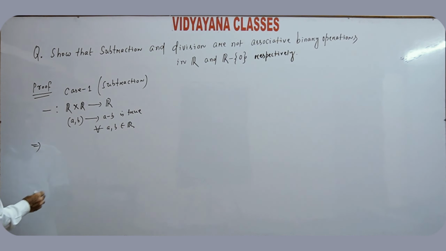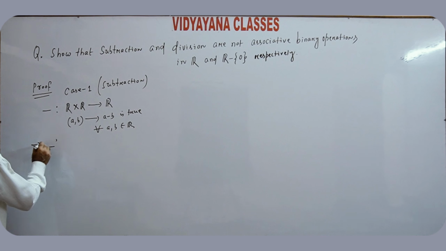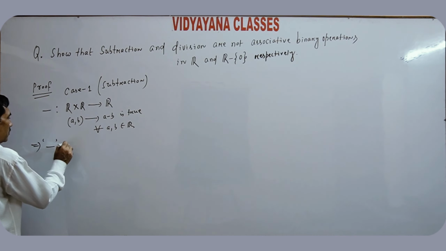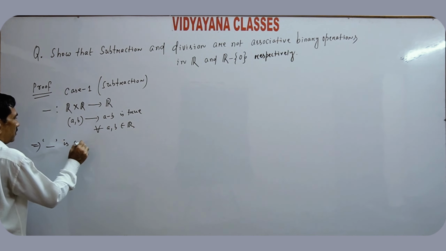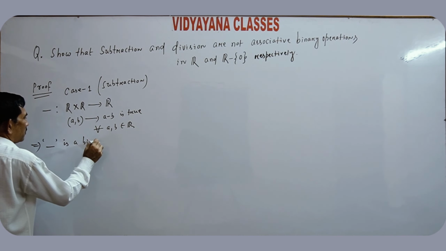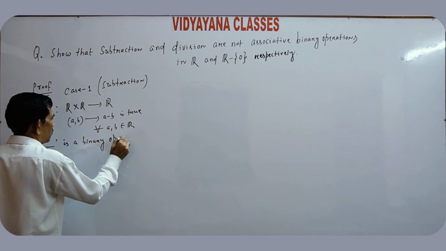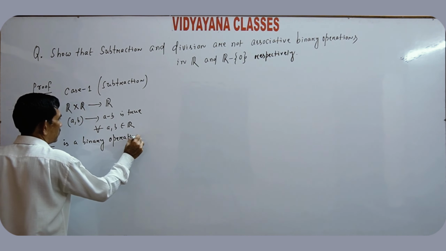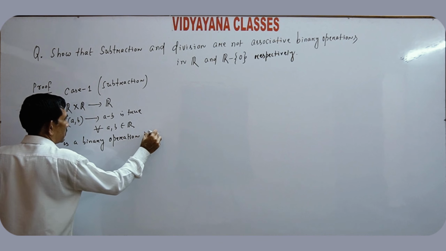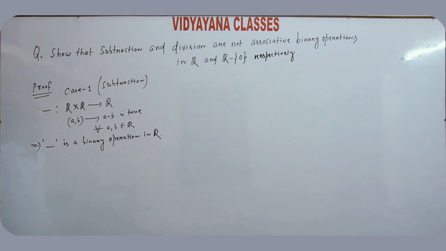This implies subtraction is a binary operation in the set of real numbers. Subtraction is a binary operation in the set of real numbers.